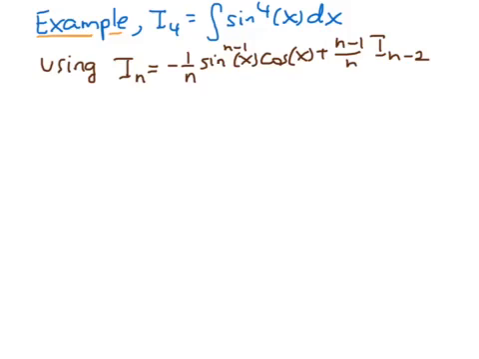The integral I2 is not completely easy, but then we can use this formula again and go down from I2 to I0, and as we just saw in the previous slide, I0 is extremely easy. So we're going to have to use our reduction formula twice.